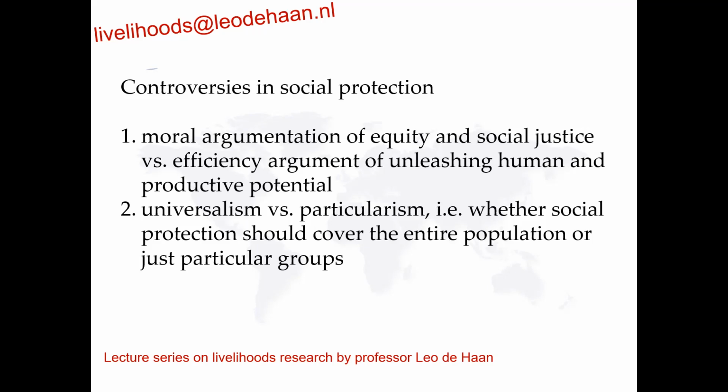However, in practice, opposing views easily walk together. Few supporters of universalism would reject safety net programs targeting particular groups, such as the poorest or women. They may even actively support these programs, considering them a first step towards universalizing social protection.